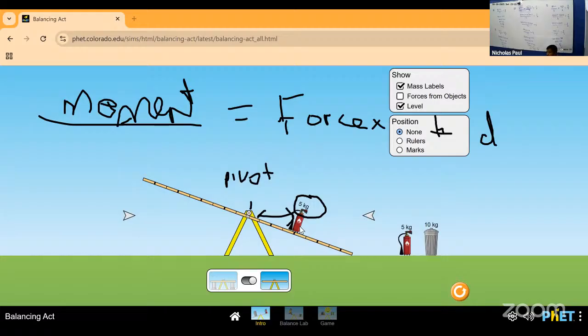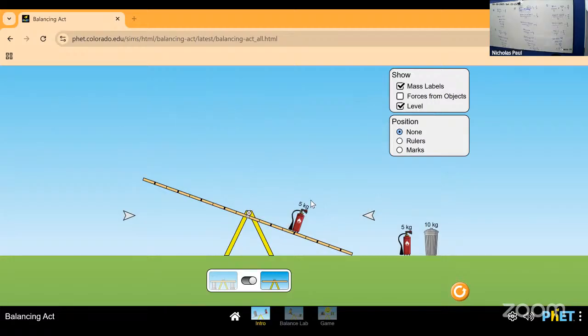Are you okay with that? So the further away you go from the center, the bigger the moment. So for example, if I put it further away, the moment is bigger. If I go more to the end, the moment is much larger.